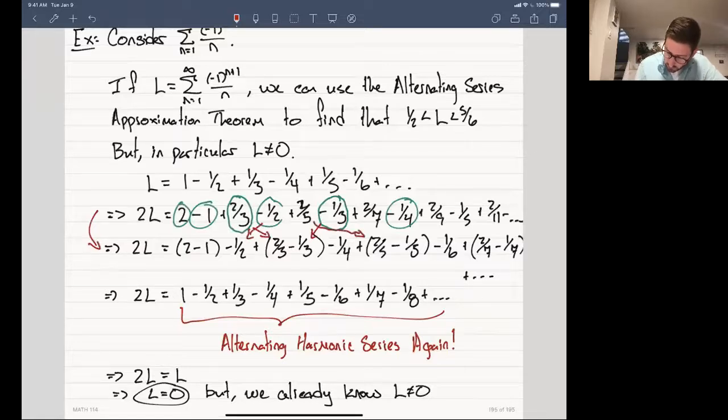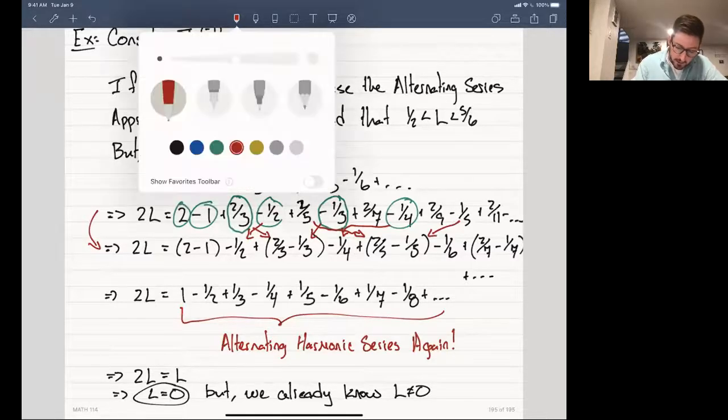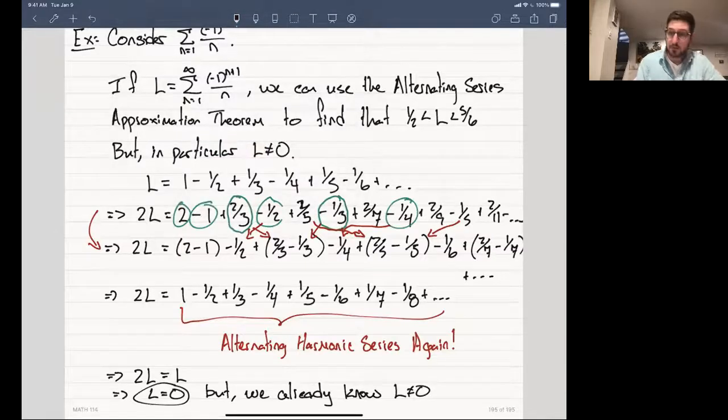I took this 1/4 and I moved it forward. And then I took this -1/5 and also moved it forward. So the red arrow on the left here is indicating that I rearranged the series. And by rearranging the series, everything fell apart, right? Because I said that the only way that I could ever make this work is if L is equal to 0.